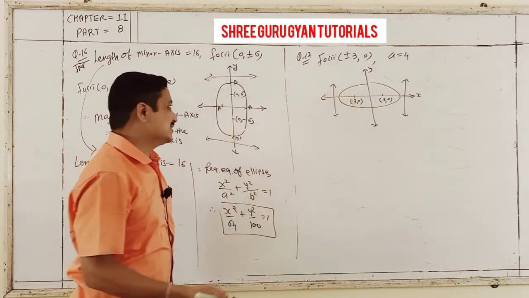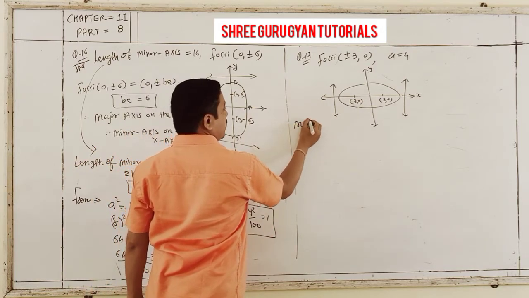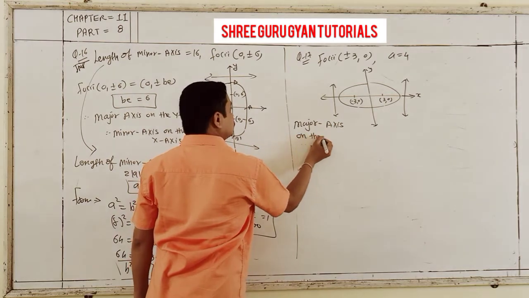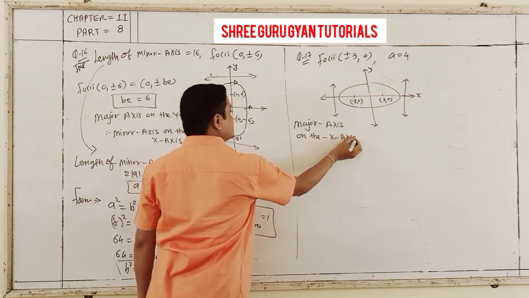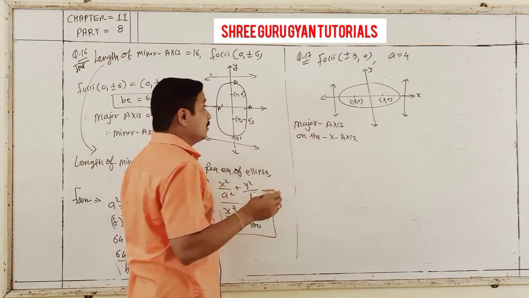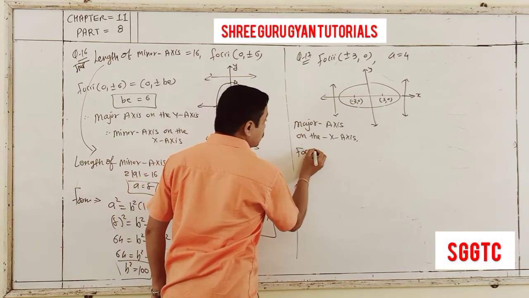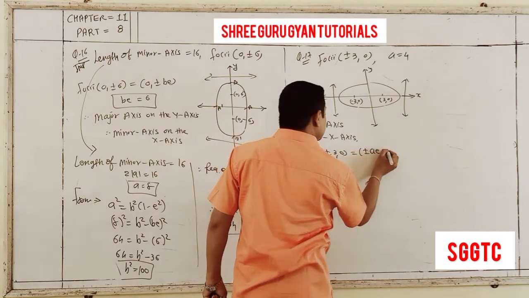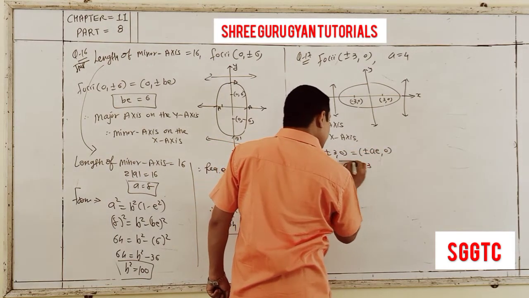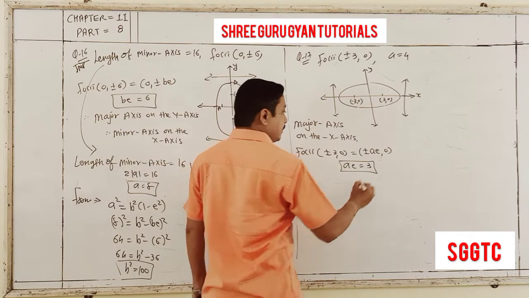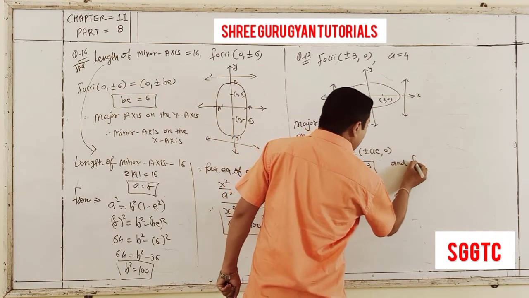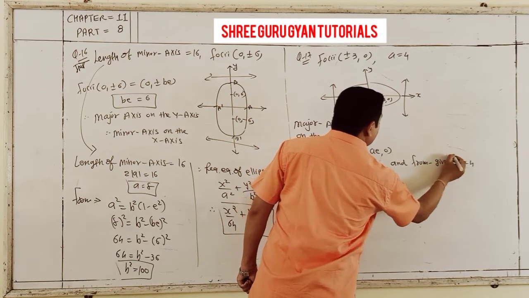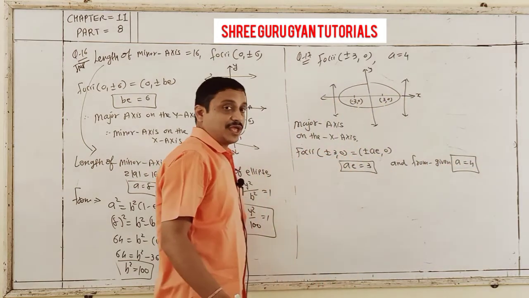The major axis is on the x-axis. So you just cover your focus points, (±3, 0). I will write it as (±ae, 0), so ae becomes 3. And from the given, a becomes 4. So students, a value is known.